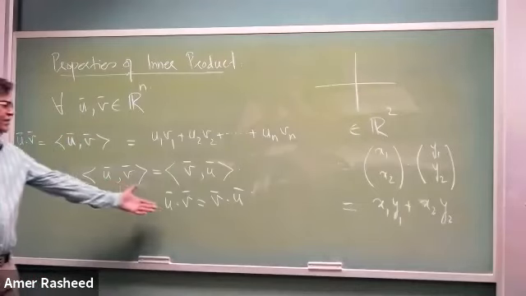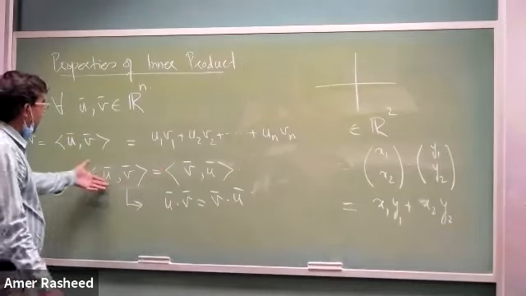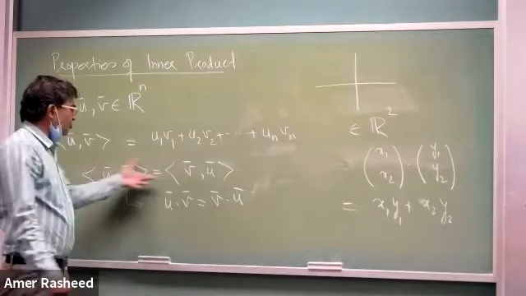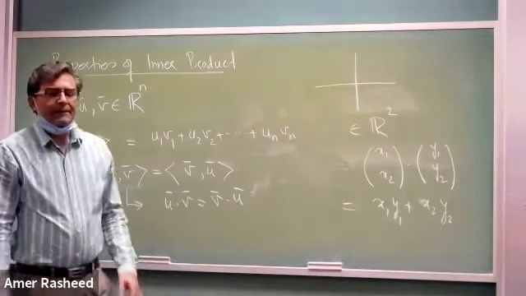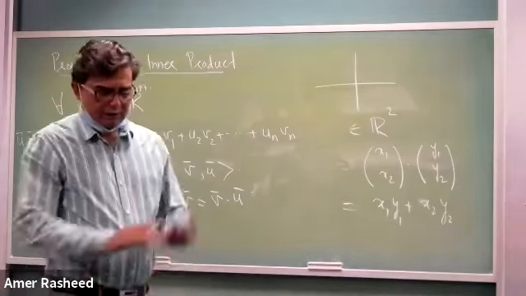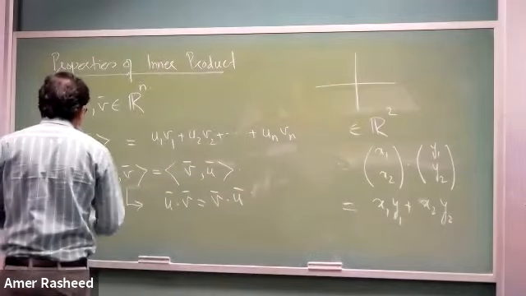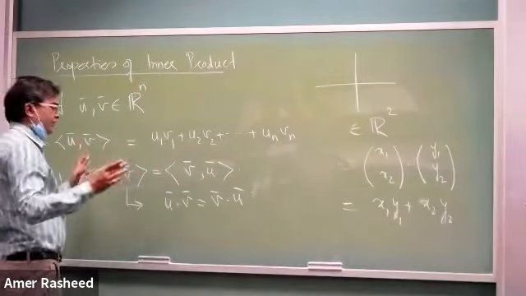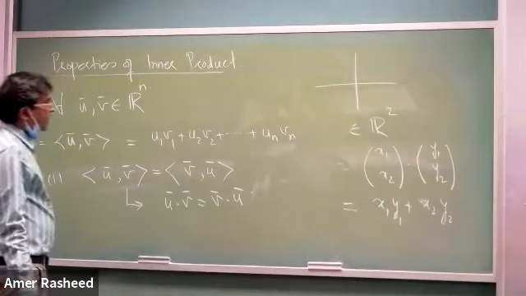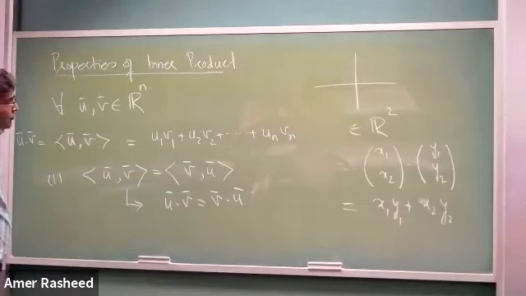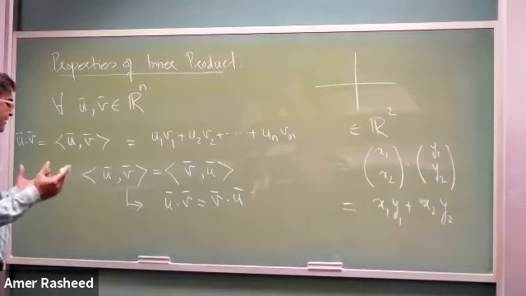You can use this notation as well, but I advise you to use this notation here in this course and call it inner product. This is a more general term which we can use for the inner product of functions and polynomials and many other things. Okay, we'll define them later on.